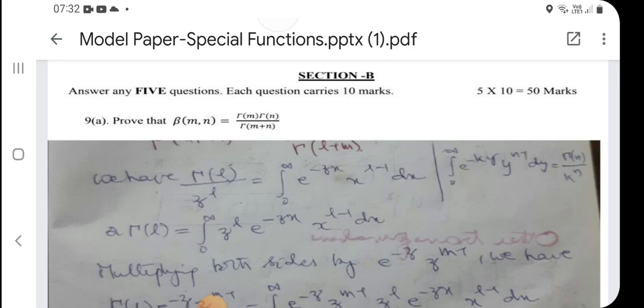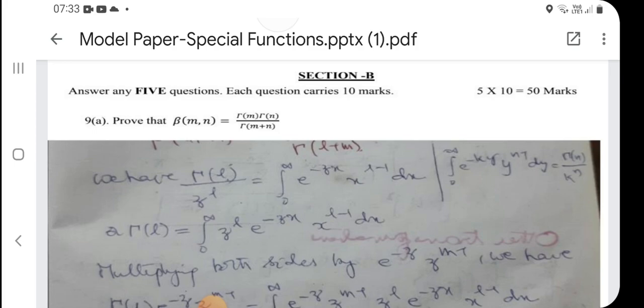We know the standard formula from the properties of gamma functions: integral 0 to infinity e power minus ky into y to the power of n minus 1 dy equals gamma of n divided by k power n.